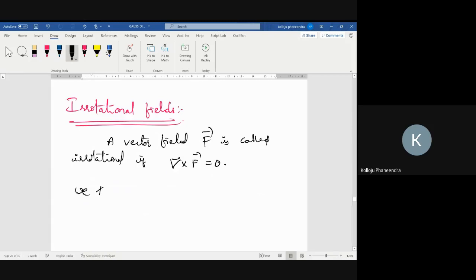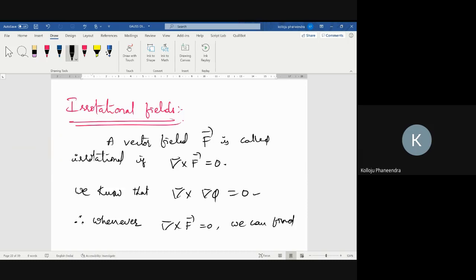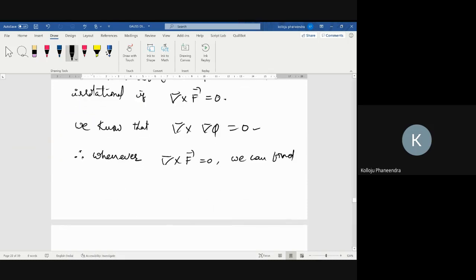We know that del cross del phi is 0. Therefore, whenever del cross f bar equal to 0, we can find a scalar function phi such that, observe, del cross del phi is 0 and del cross f bar is 0.